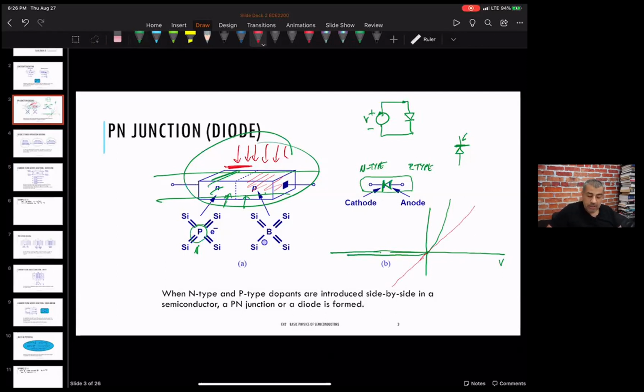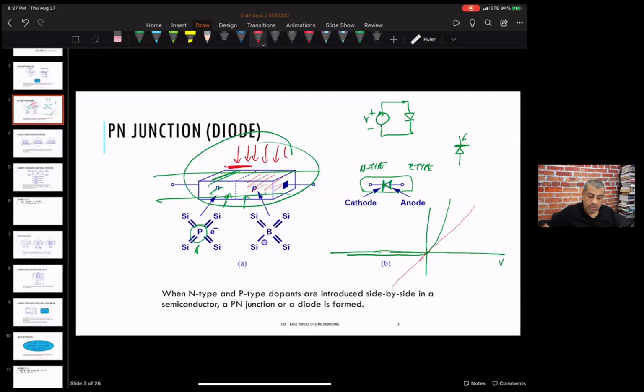But it turns out that you can use this as a switch because it conducts in one direction and not in the other. You can use it as a switch that turns on when the voltage has a certain polarity and turns off when the polarity is reversed, which isn't the case in resistors, since they conduct both ways. So that becomes very useful.